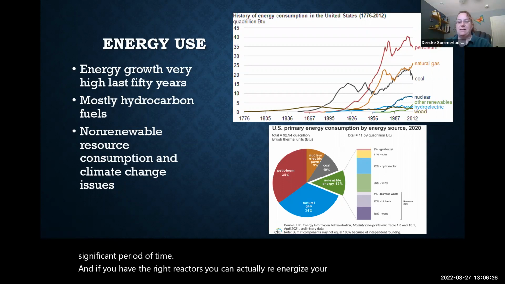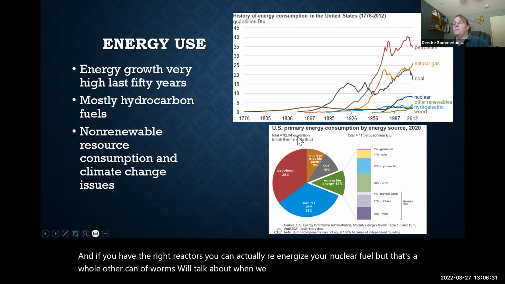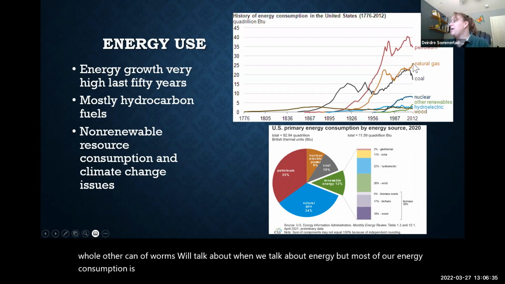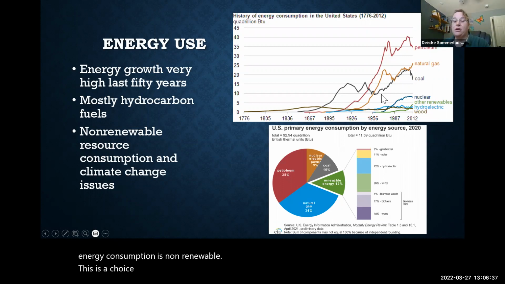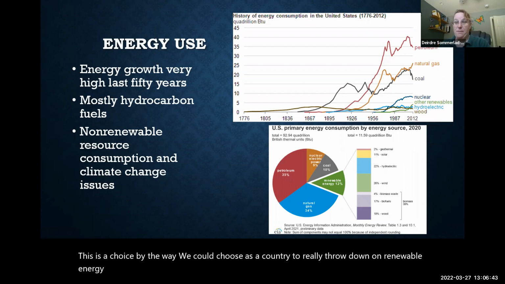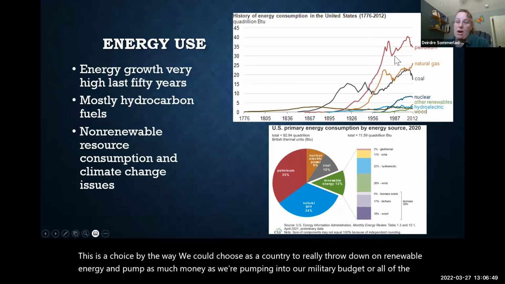But that's a whole other can of worms we'll talk about when we talk about energy. But most of our energy consumption is non-renewable. This is a choice, by the way. We could choose as a country to really throw down on renewable energy and pump as much money as we're pumping into our military budget or all of the tax offsets for extraction industries.